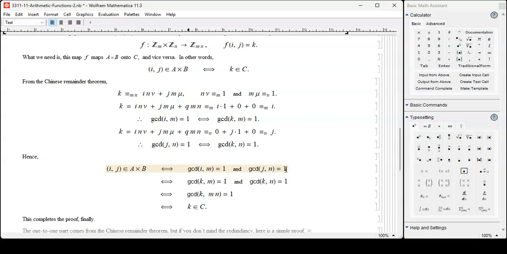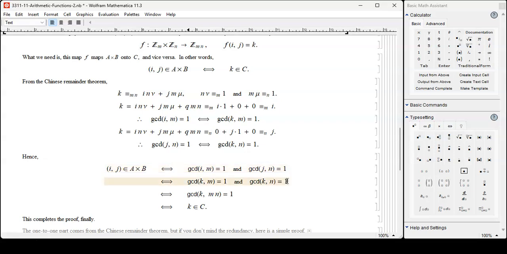All right. And then let us apply what we did using the Chinese remainder theorem. Replace (i, m) with (k, m), as you saw here, and replace this (j, n) with (k, n), as you see it here. Those came from Chinese remainder theorem. This came from the definition.